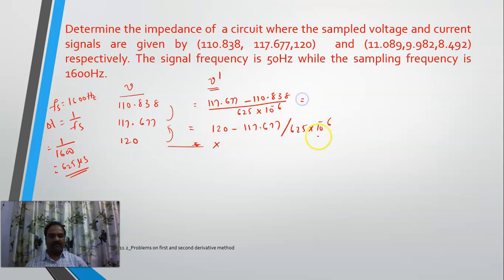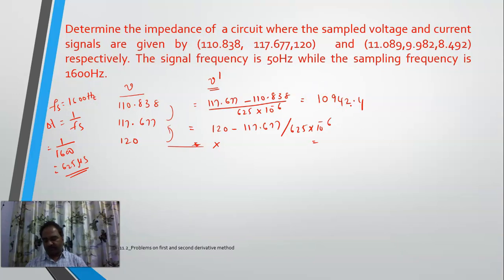If I solve this, what is the value? 117.677 minus 110.838 divided by 625 into 10 to the power of minus 6 is 10,942.4.